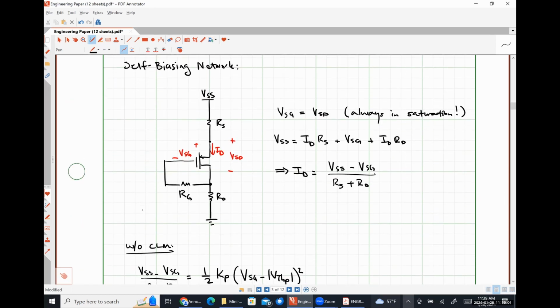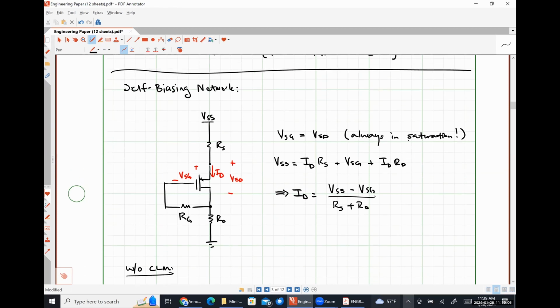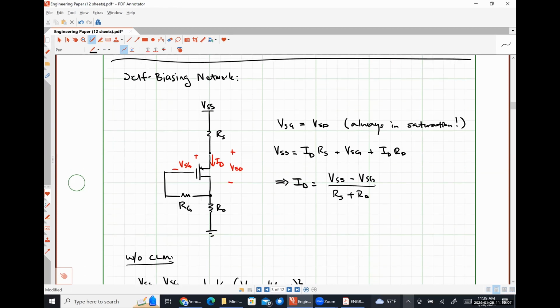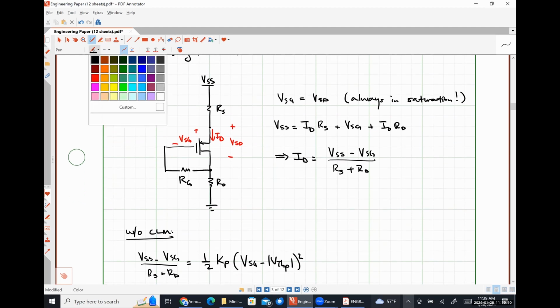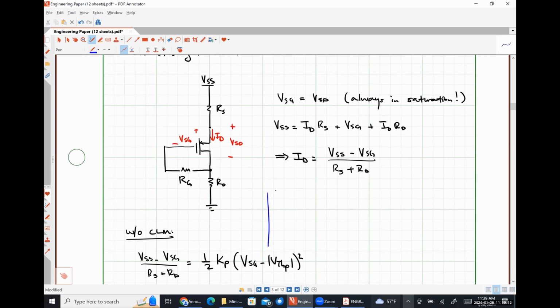So our constraint is that we want VSD to be greater than VSG minus VTHP.